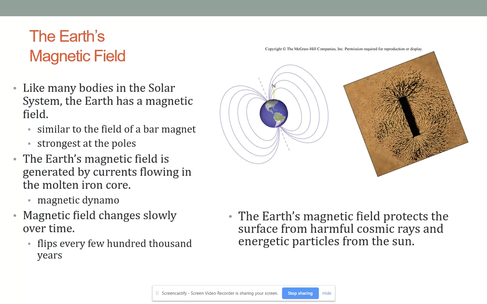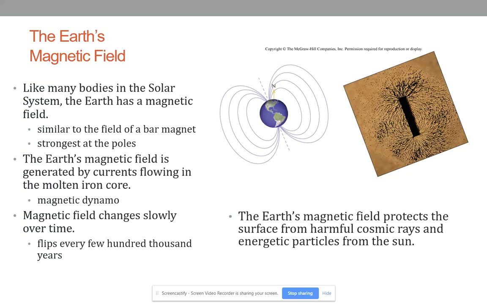Remember, the outermost layer is the crust. Then you have the mantle, and then inside the mantle is the liquid core. Well, we know from physics that if you have ionized or charged or conducting material that is swirling around and you have convection, that will create a magnetic field. And so it's believed that that's what's going on in that liquid core.